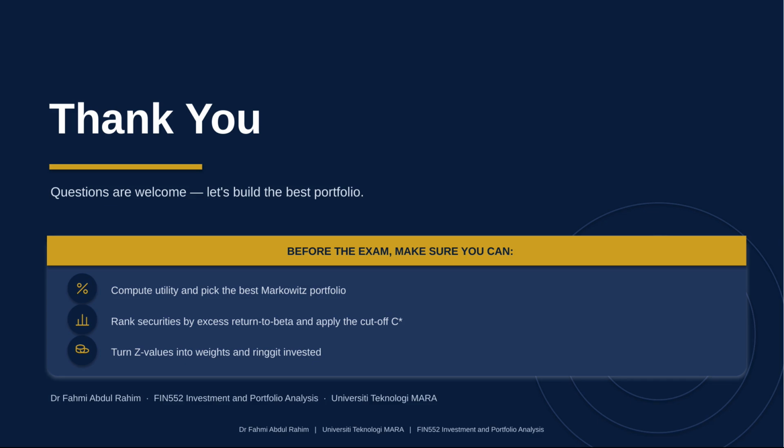And third, turn the Z values into weights and then into the exact ringgit invested in each security. Practice the two utility examples and the full 5 million ringgit Sharpe example until they are second nature. If you can do all of that, you can take a list of stocks and an investor's risk appetite and produce a precise optimal portfolio, which is exactly what professional fund managers and robo-advisors do every day.